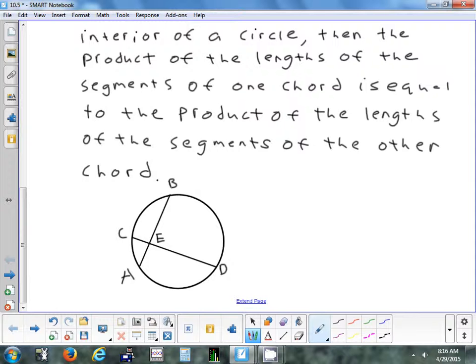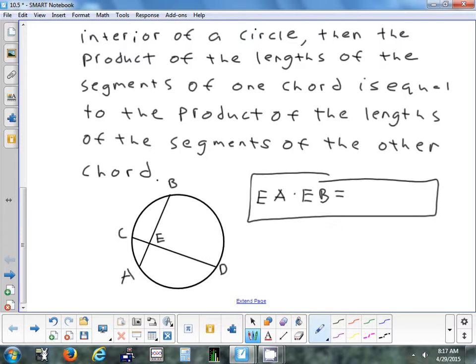In that picture, if you take the length of EA times the length of EB, that's going to come out exactly the same as EC times ED.